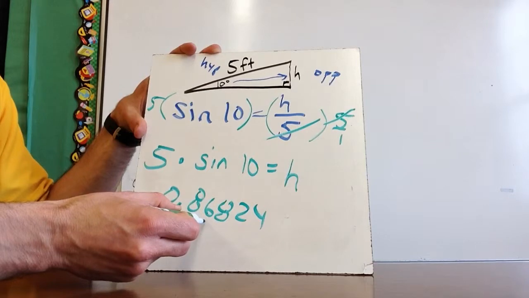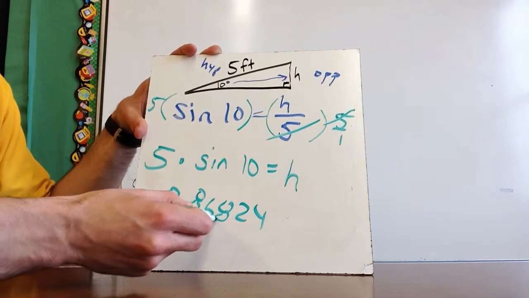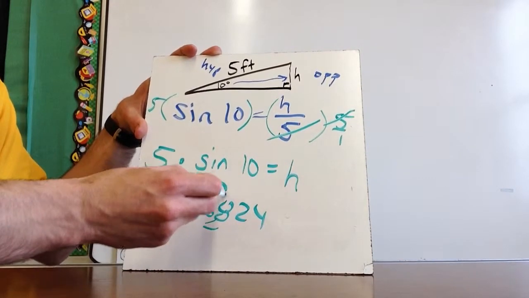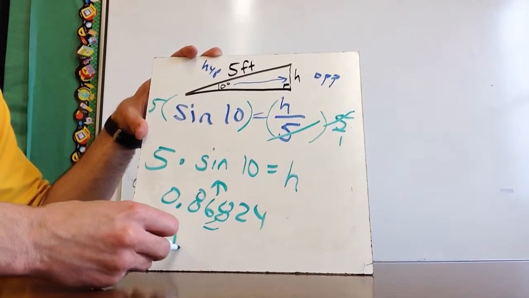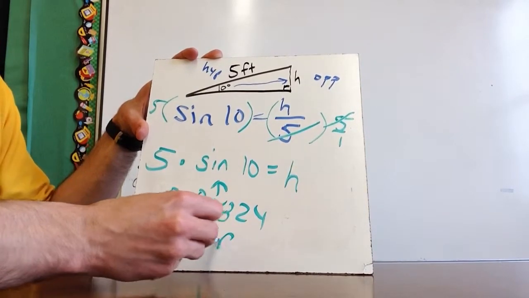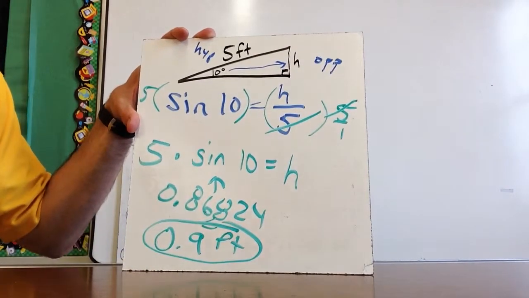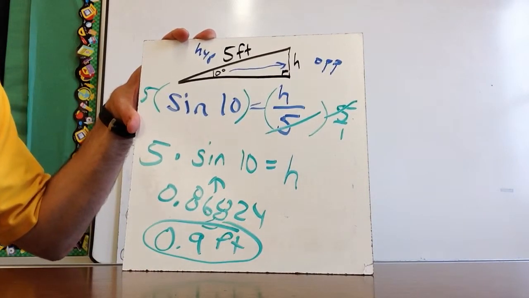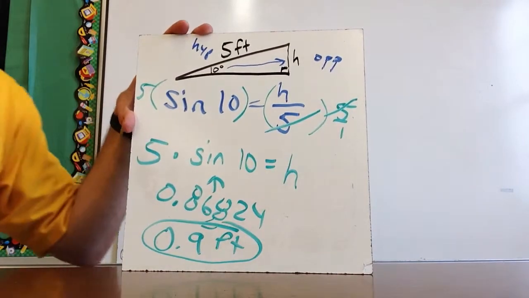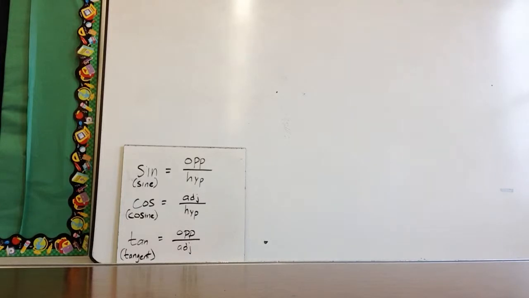If I round to the nearest tenth, that means I need to round up. So I'm looking at 0.9 feet as my height. All right, so that's one way that you might use trig to solve a real-life math problem.